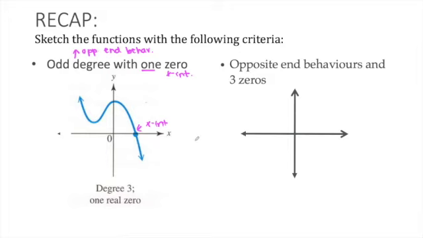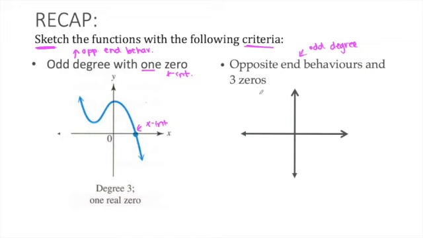So again, there's lots and lots of different examples. That's why it's just sketch a function, okay? And it's just criteria it has to meet. So as long as it meets the criteria, you'll get the mark, okay? This one's opposite end behaviors. You know opposite end behavior means odd degree. Okay, and you have to have at least 3 zeros, which means that the lowest that our degree could be is 3. Okay, it could be 5 though, it could be 7, it could be whatever you want, but the lowest that it can be is 3.